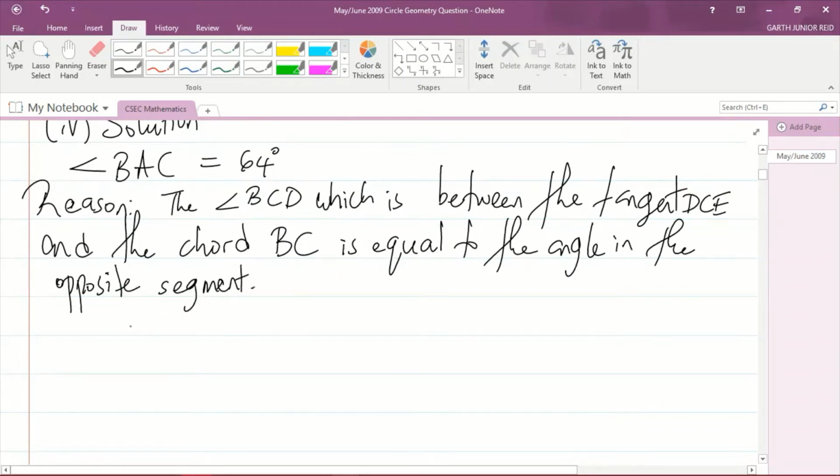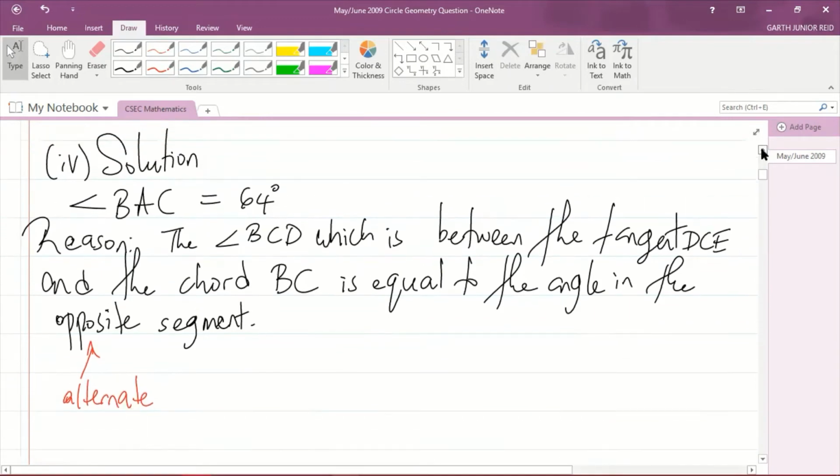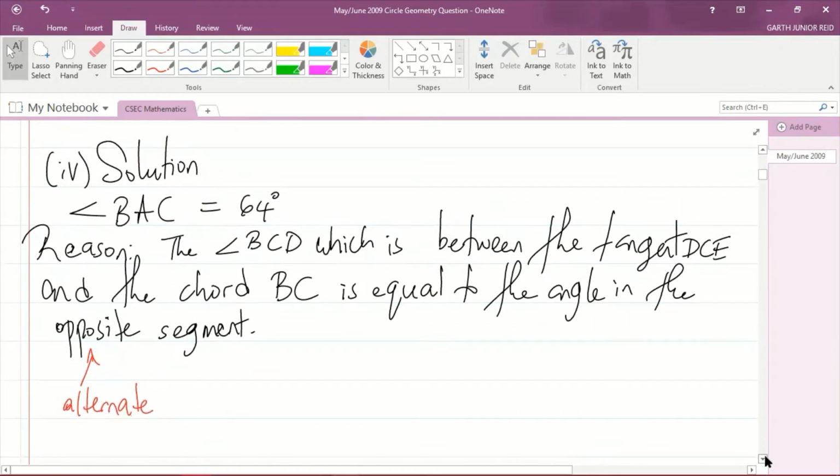And as I said, you could also use the word alternate instead of opposite. Good. So that is part 4 solution.